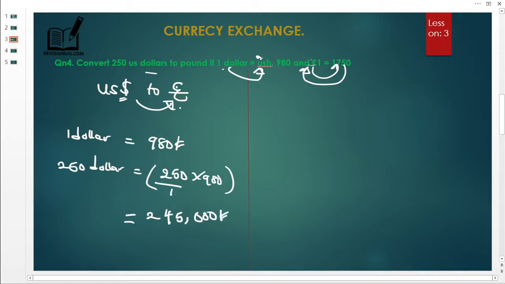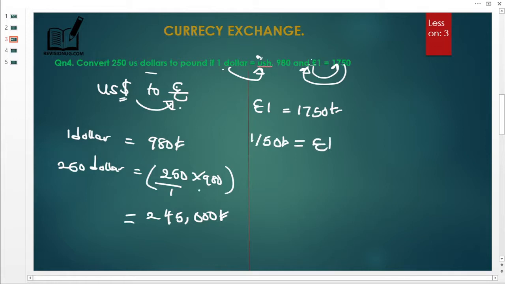Then we have to convert again, because the question wants us to get the pound, so we have to convert from shillings to pounds. The statement given says 1 pound is equivalent to 1,750 Uganda shillings. Remember, we are changing from shillings to pounds, so this means that 1,750 shillings will give us 1 pound.